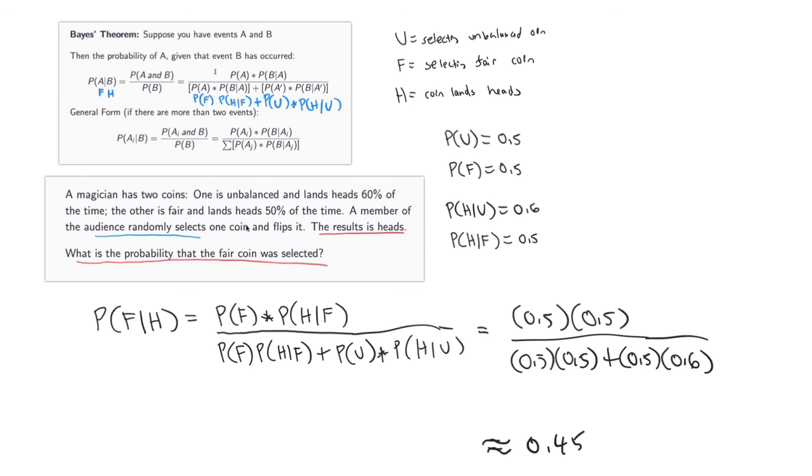Okay. And don't worry about general form. That basically means that you see how you're adding this plus that. You might have to add more stuff depending on how many events there are. Okay. So that's kind of all this is saying. This is the sum of all the events, depending on how many events there are.